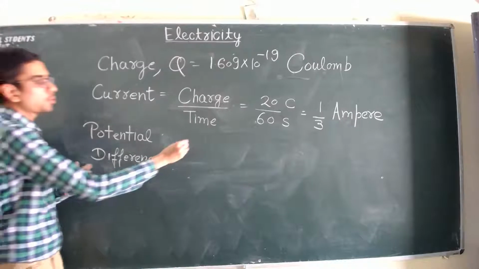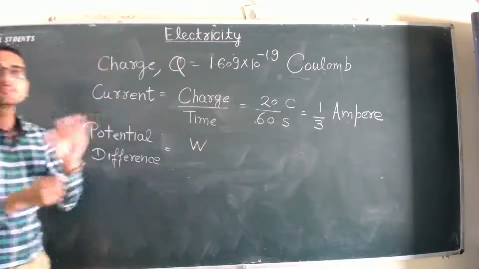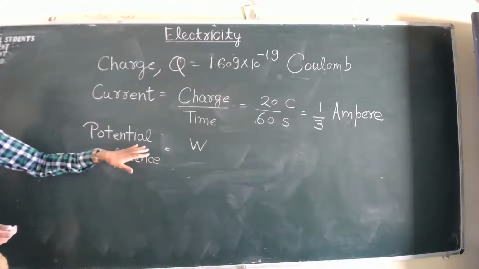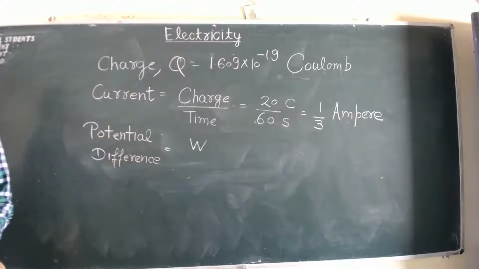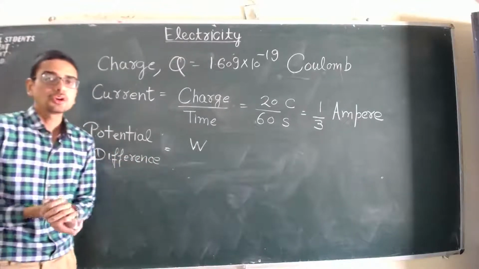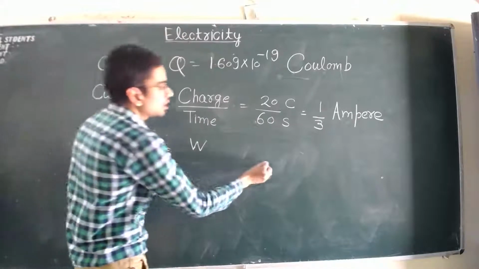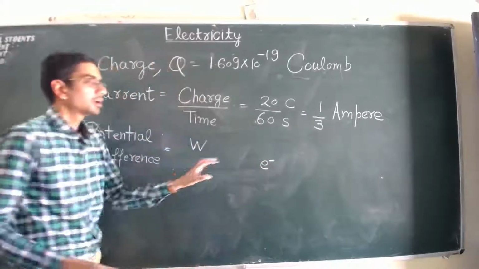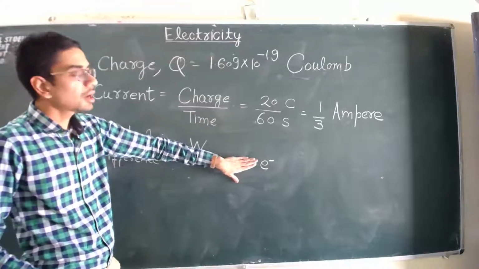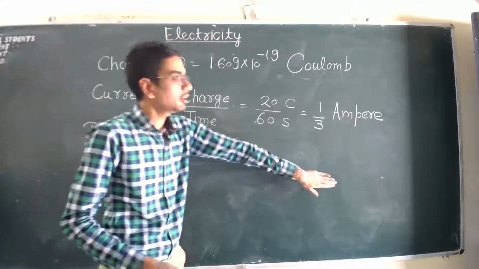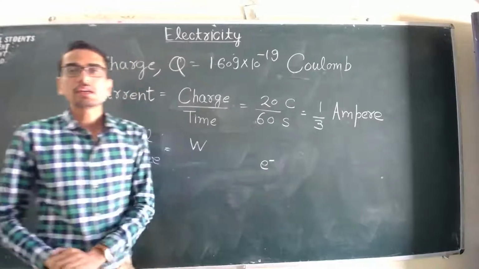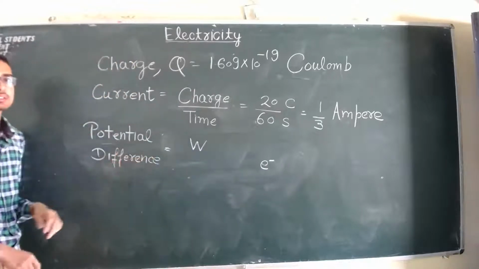Work is W. Potential difference is the work done for moving a charge. एक चार्ज है, मान लीजिए एक इलेक्ट्रॉन है. इस इलेक्ट्रॉन को आपने एक पॉइंट से दूसरे पॉइंट तक ले जाने में जितना वर्क किया, that is potential difference.